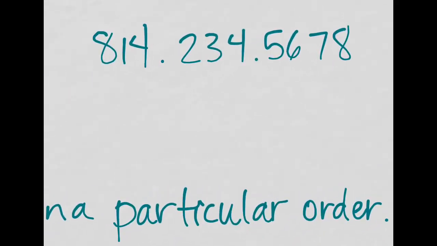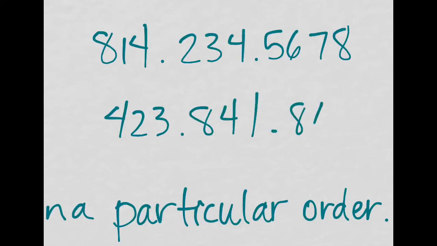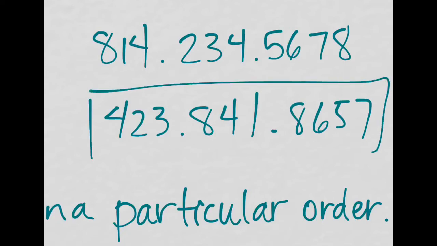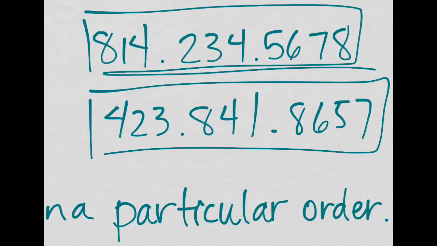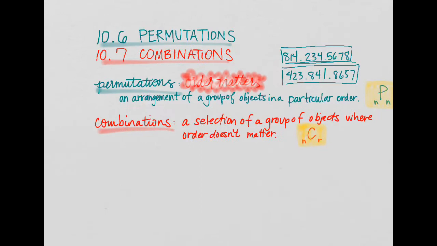These are the numbers in my phone number. This is a combination, so I'm going to dial 423841865. Am I going to get the same person? Not at all. So a permutation is an example. I've got a certain number of numbers, but the order really matters. Okay, so that's kind of what we're talking about.